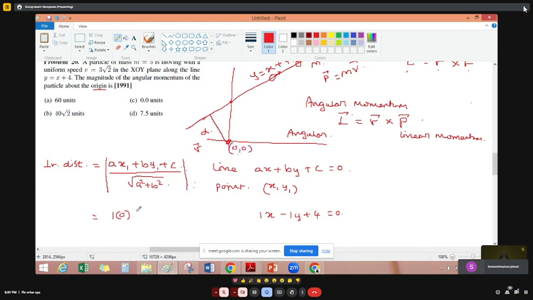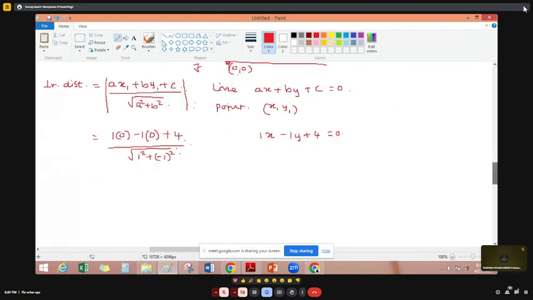So 0 minus 1 into y1 which is 0, plus c which is 4, divided by square root of a square plus b square. This becomes 4 divided by root 2. So that's my perpendicular distance.